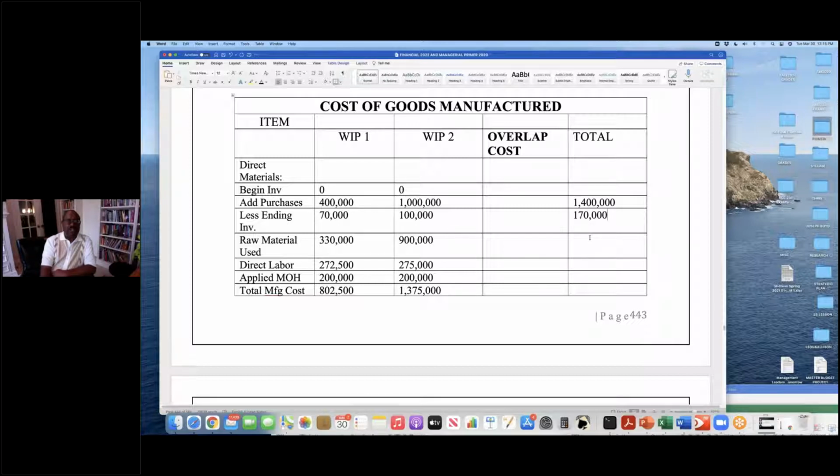Raw materials used of what? $1,330,000. $1,230,000. Yes.